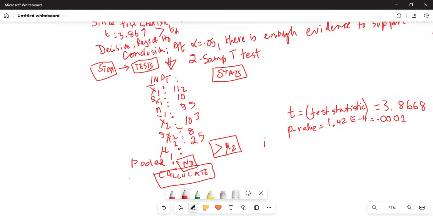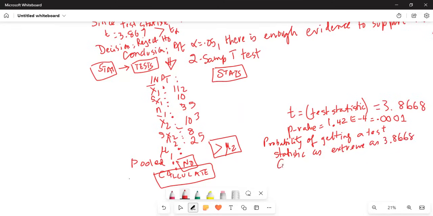So the p-value is the probability of getting a test statistic as extreme as 3.8668.